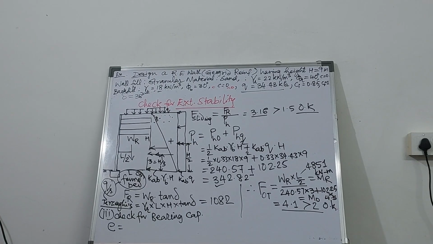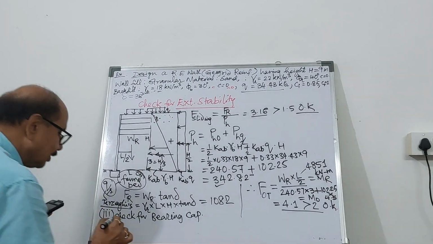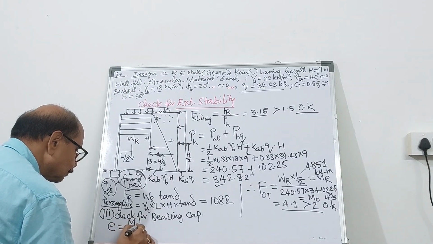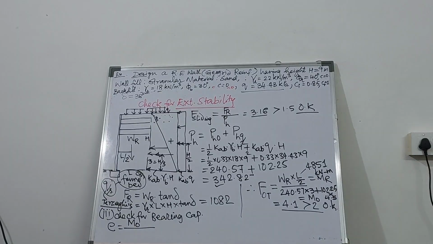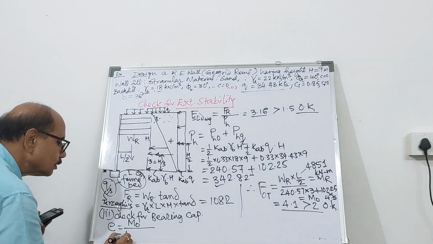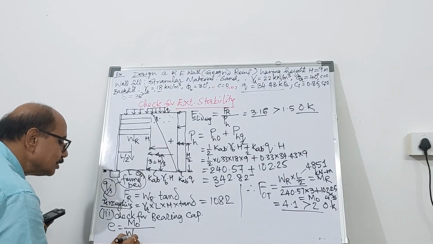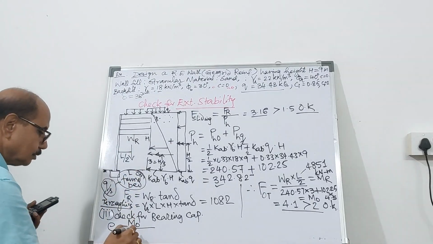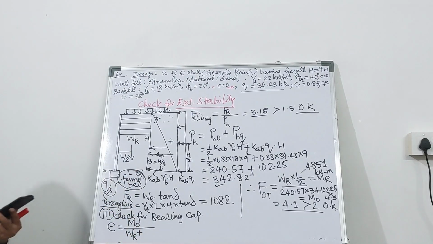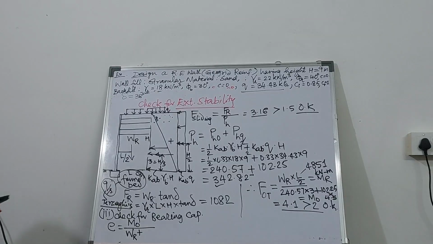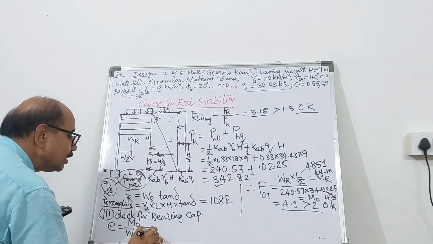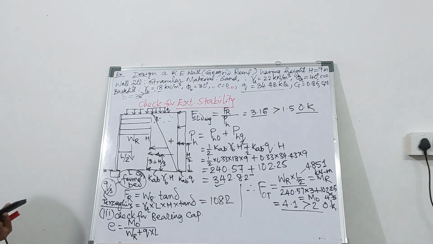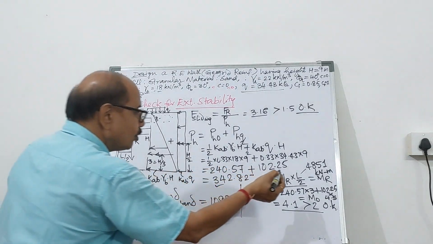This will be equal to overturning moment divided by WR, that is the weight, plus the surcharge which is acting multiplied by L. Now overturning moment is already here.